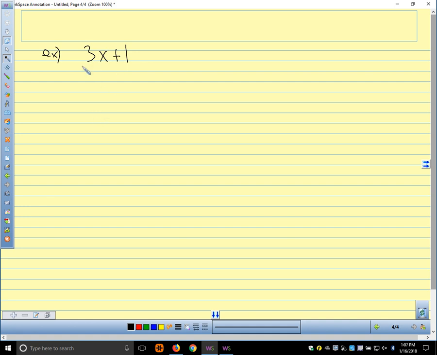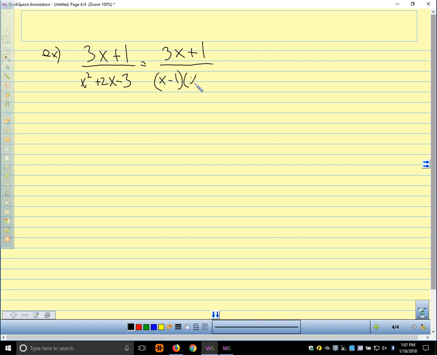So let's do the decomposition. (3x + 1) over x squared plus 2x minus 3. And I already told you that this factors as (x - 1)(x + 3). That's our first step.